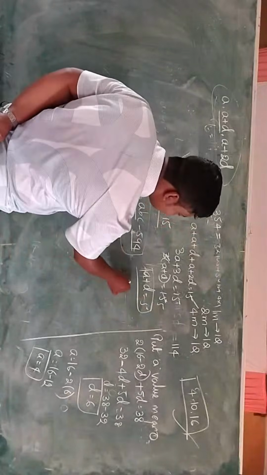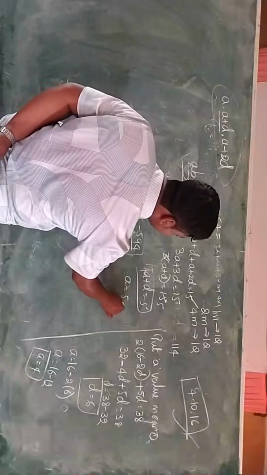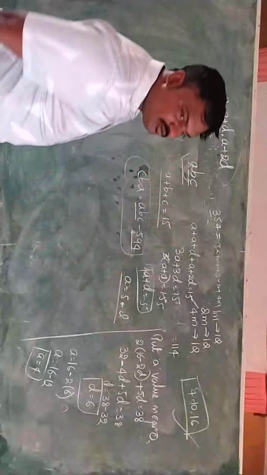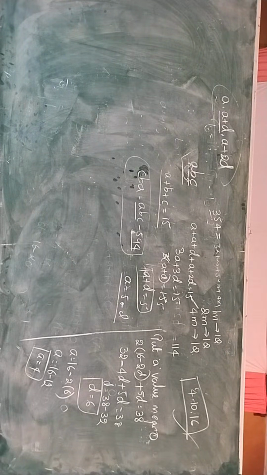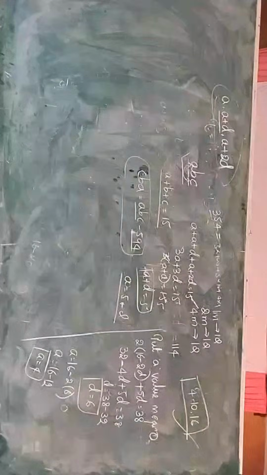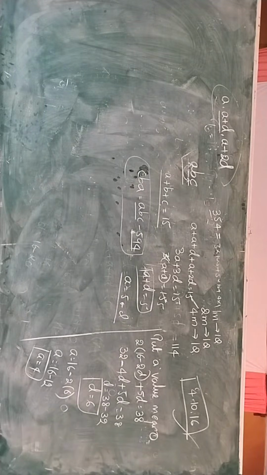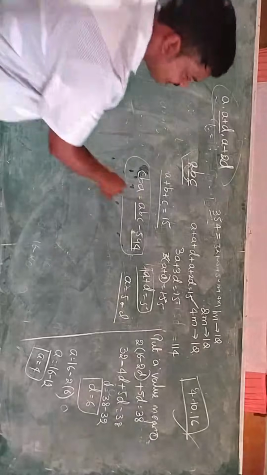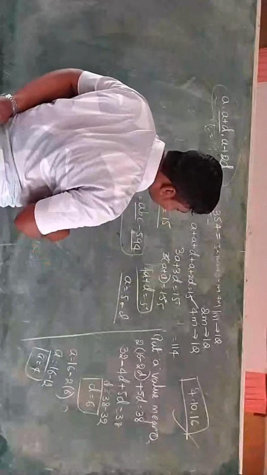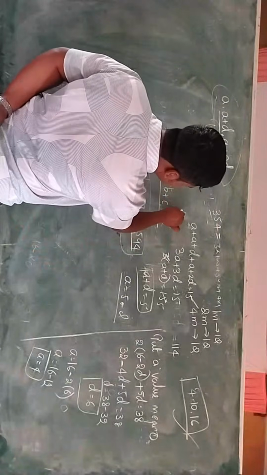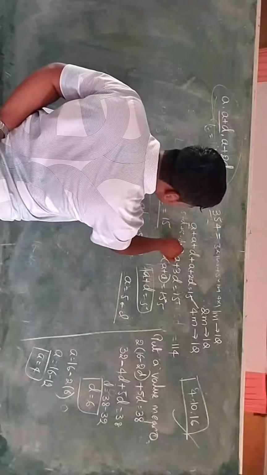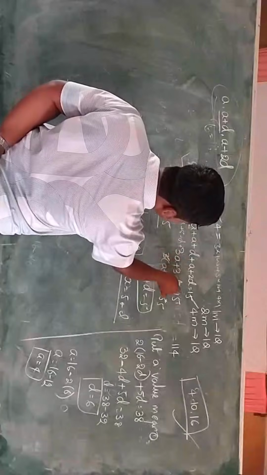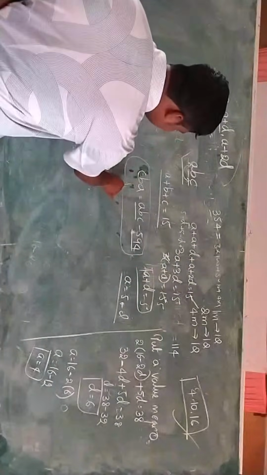Correct? A is equal to 5 minus D. Substitute that there and you will get one answer. Instead of A, 5 minus D, plus D will get cancelled. Use this condition and solve. We'll see.